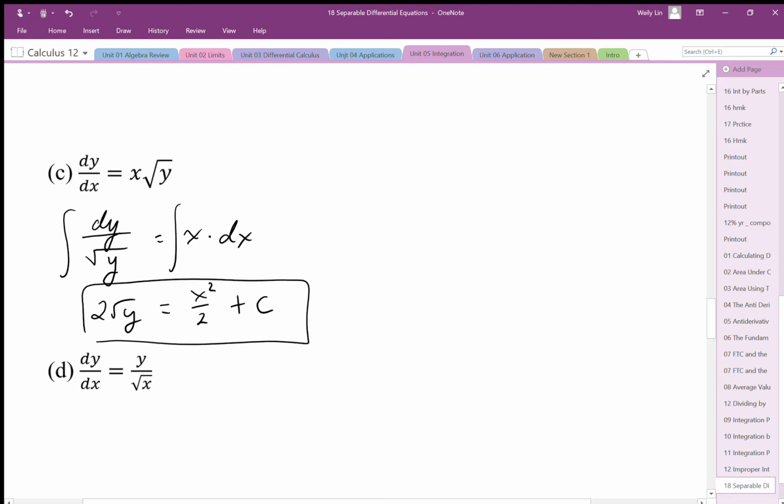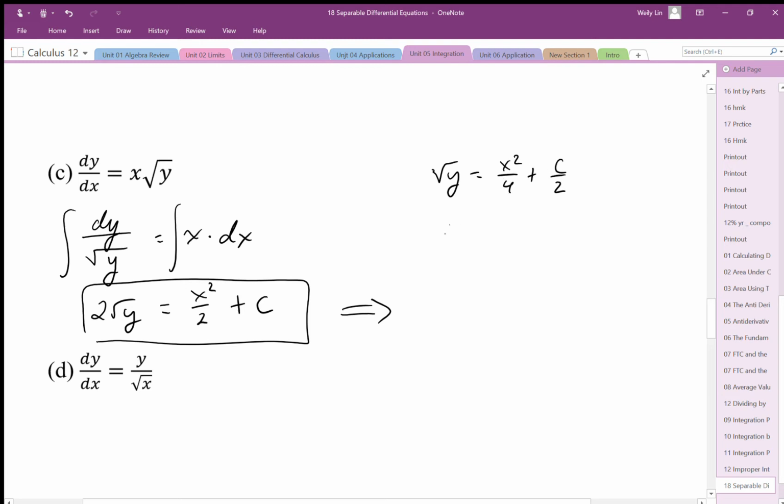If I want to solve it in terms of y, like I can isolate the y and make it a function of x. Okay, we can do that. Some of these are really difficult algebraically, but some of these are fairly straightforward. So let's do a couple steps here. We end up with root y equals x squared over 4 plus c over 2.